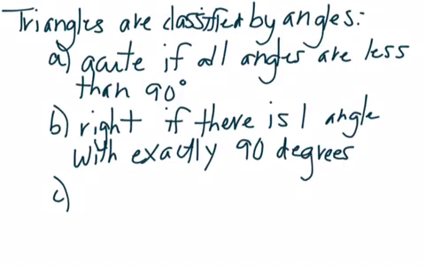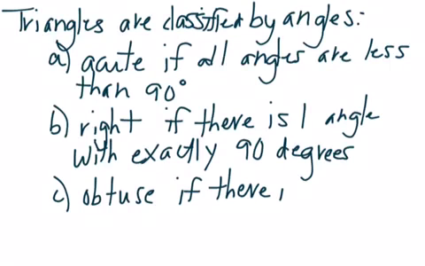They can be obtuse if there is one angle greater than 90 degrees.